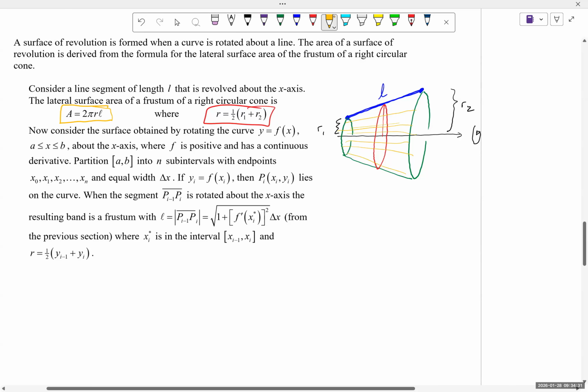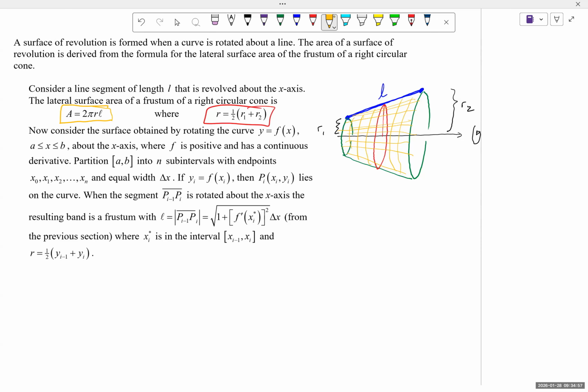So, Cooper, what was your question? Think about it. Would this not be the same as just taking the line segment, like the previous question, where we were trying to find the length of the curve, and then just throwing that into the disk method?